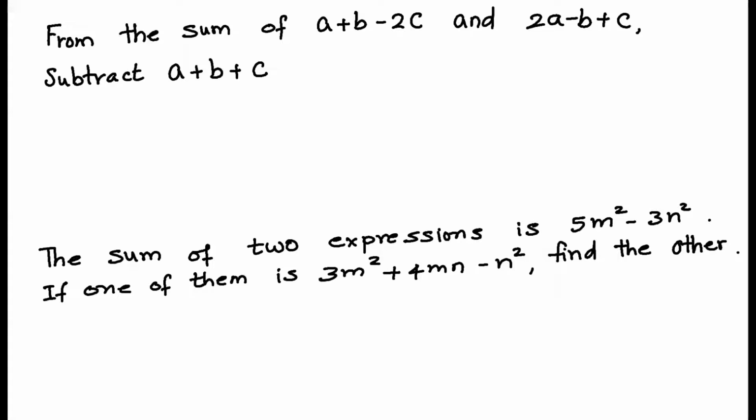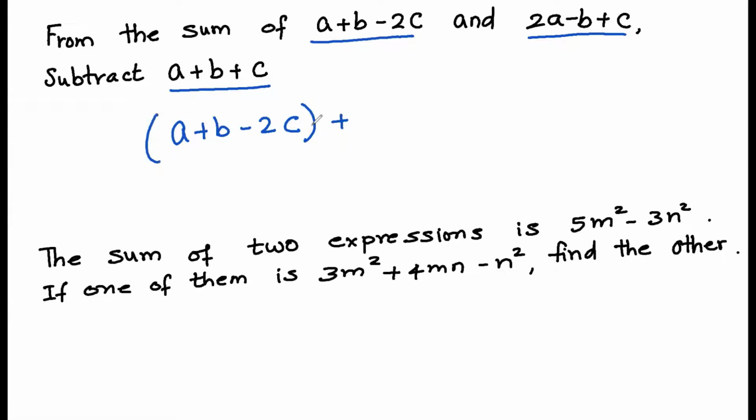Let's take a look at this problem. From the sum of a plus b minus 2c and 2a minus b plus c, subtract a plus b plus c. So first, let's write down what is given to us in the form of an expression. From the sum of a plus b minus 2c and 2a minus b plus c, so when they say sum, that means I am adding a plus b minus 2c plus 2a minus b plus c.